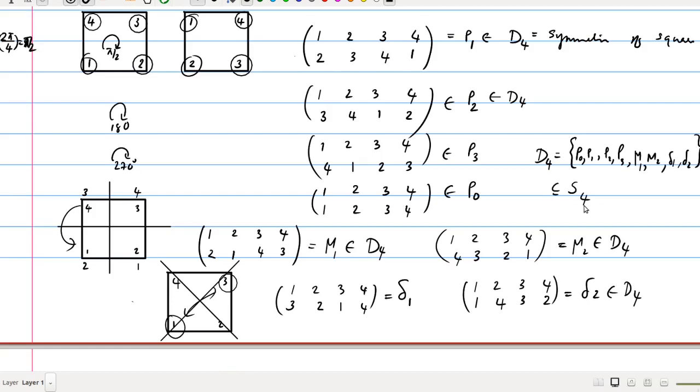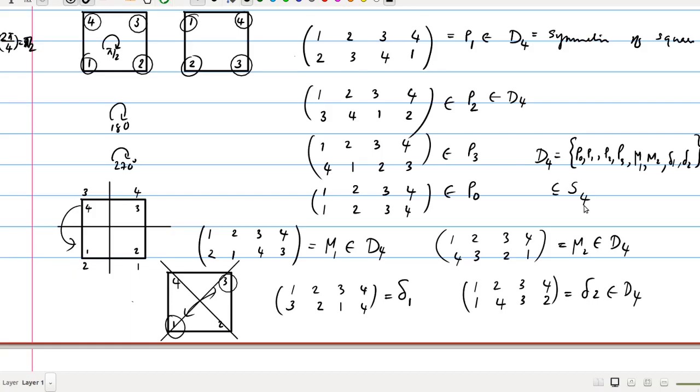All the elements of D4 are functions from a set with 4 elements to itself. So you can consider D4 as a subset of S4, and with the same operation of S4, D4 forms a group, so D4 can be considered as a subgroup of S4.